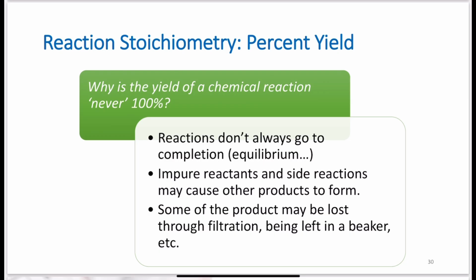Your theoretical yield is what you calculated. That theoretical yield involves that stoichiometry calculation. That's what you just did. How much product should you theoretically obtain from the reaction?